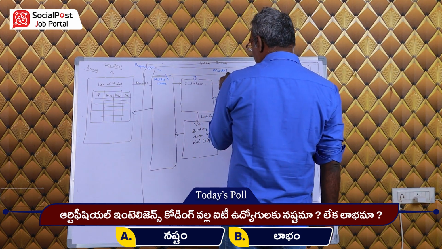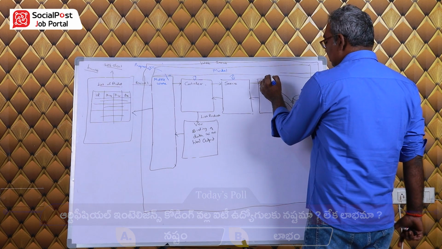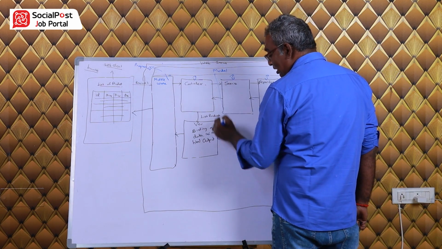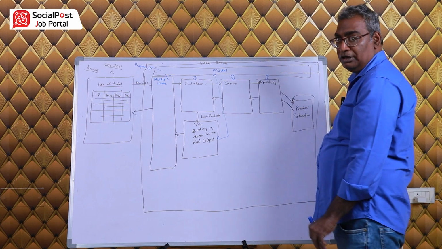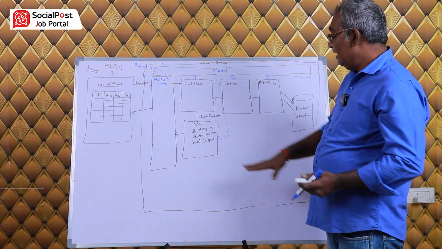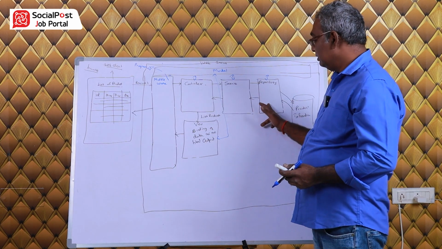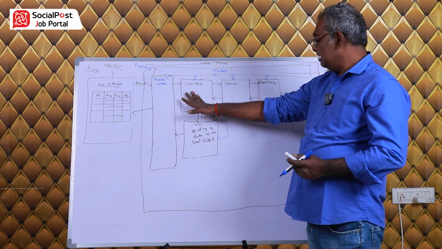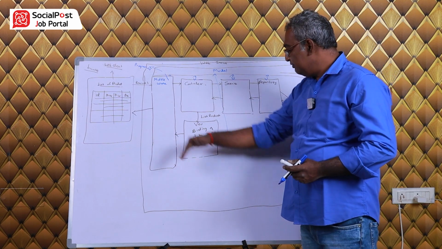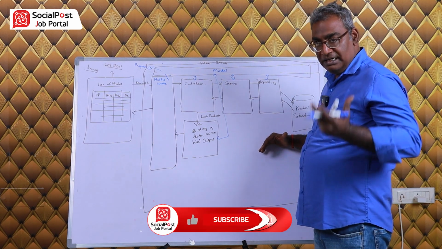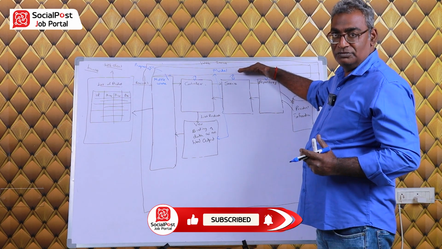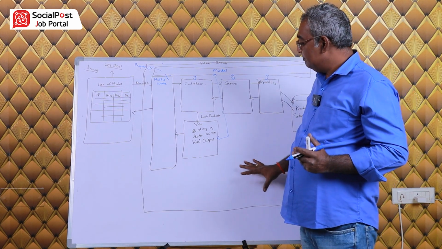Service also gets the data from the model. Repository also gets the data from the model. View also will get the data from the model. Did you get my point? So every layer, middleware layer, controller layer, view layer, service layer, repository layer, all the 5 layers require data. Where am I going to get the data? From the model.